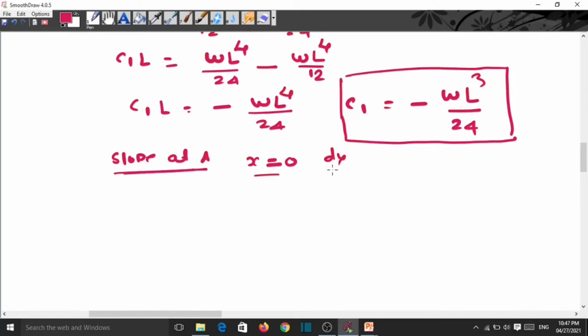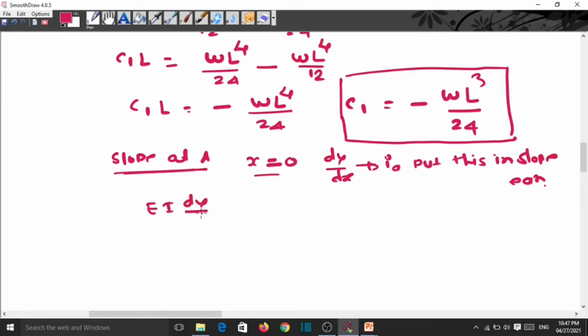So with x equal to 0, dy by dx becomes IA, and we put this in the slope equation. So our slope equation is EI dy by dx is equal to WL by 2 into x square by 2, then minus W by 6 into x raised to power 3 plus C1.